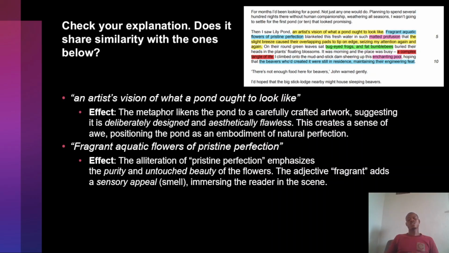Okay, now look at what we have here. The alliteration, pristine perfection, emphasizes the purity and untouched beauty of the flowers. Did you see that one? Now let's check the word pristine. The word pristine means primordial, like from the beginning, from the origin, from time immemorial, from creation time, right?